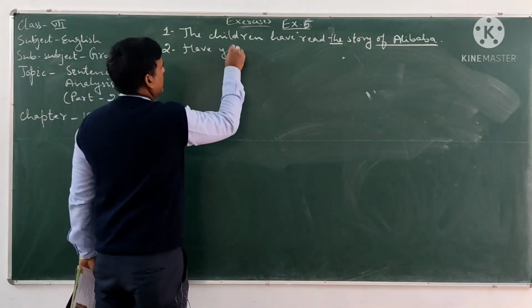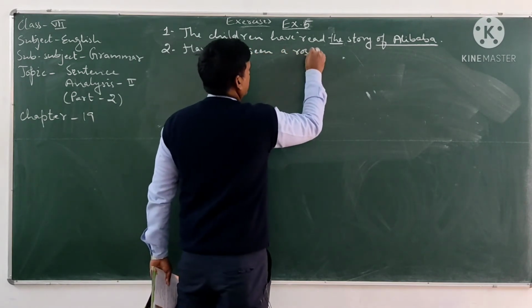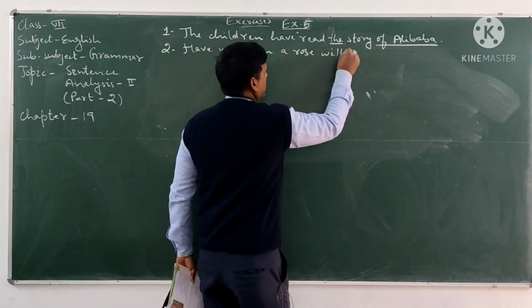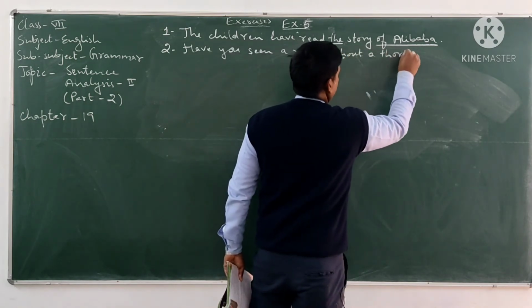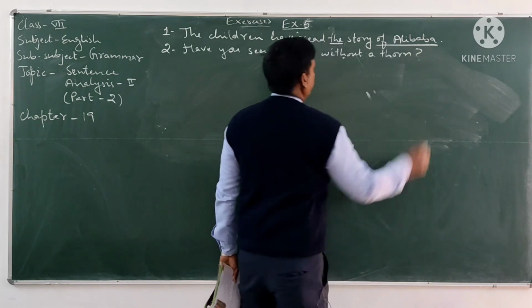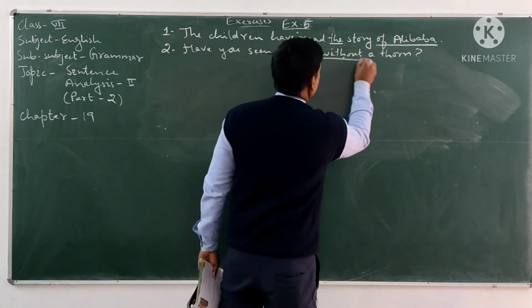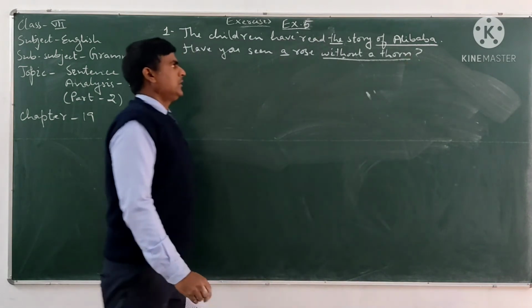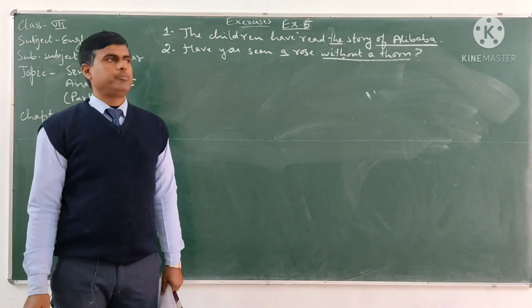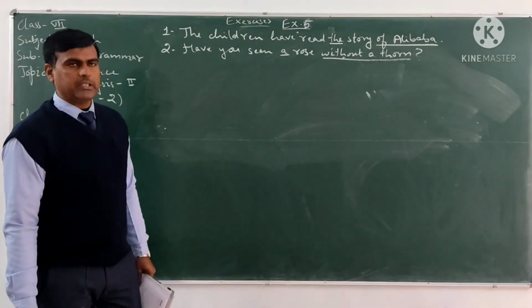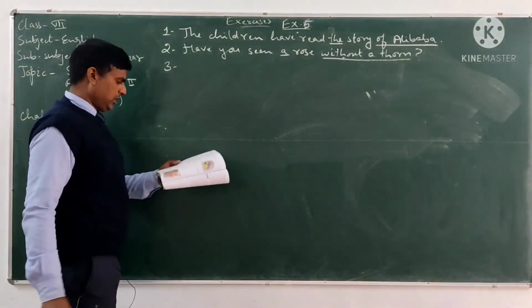Have you seen a rose without a thorn? In this sentence, a and without a thorn, these words are the enlargements of object, and rose is the object in this sentence.